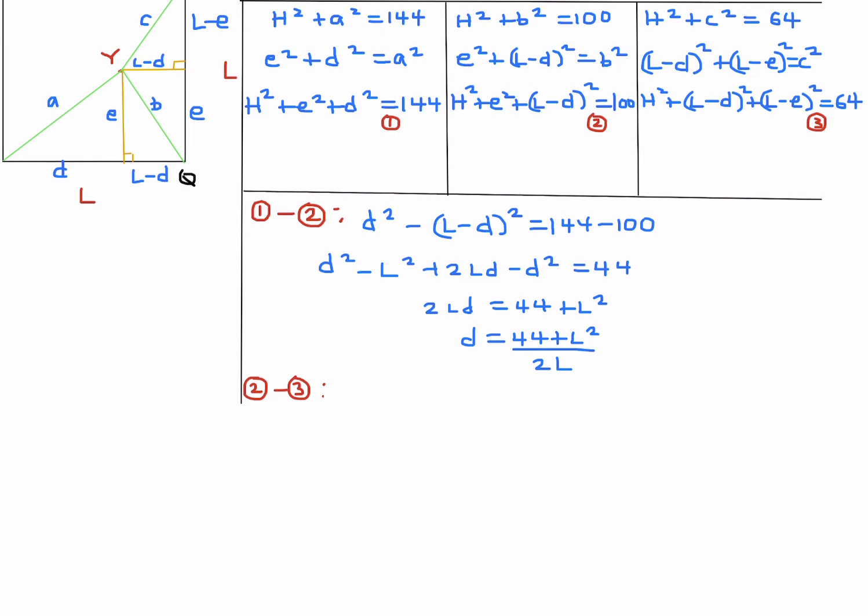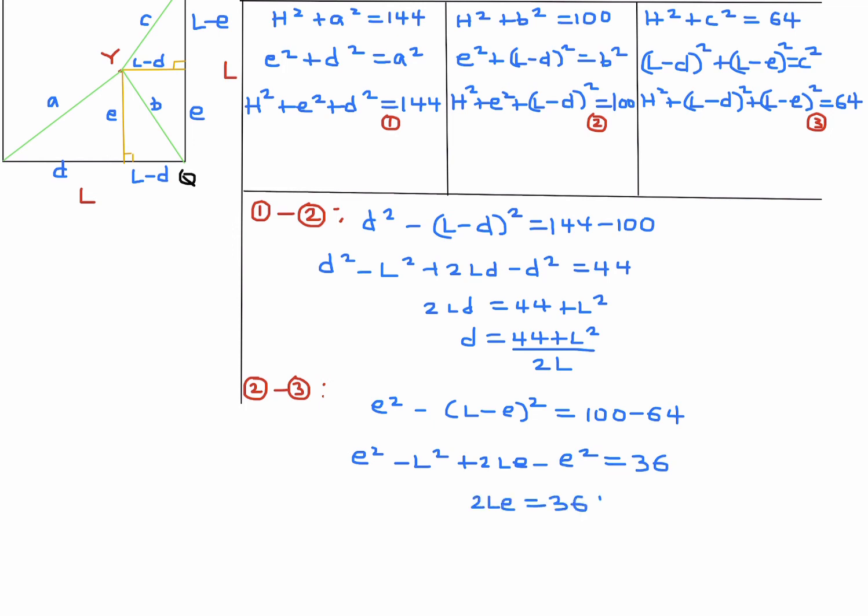So the only thing left will be E squared minus L minus E squared, and on the right side 100 minus 64. So expanding this, you get E squared minus L squared plus 2LE minus E squared is equal to 36. The E squareds cancel. We are left with 2LE is equal to 36 plus L squared. That means E is equal to 36 plus L squared over 2L. All right.